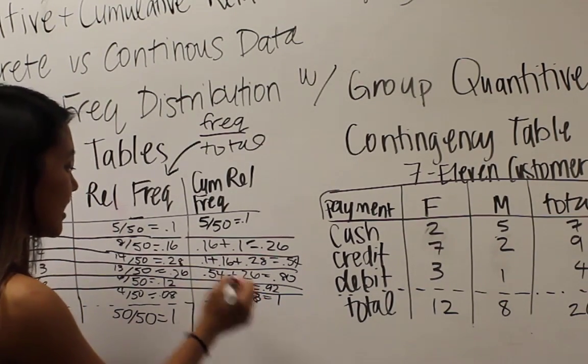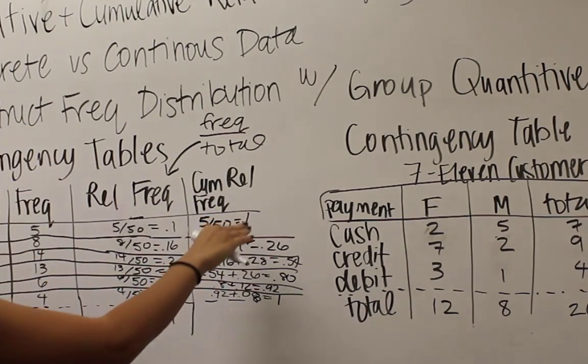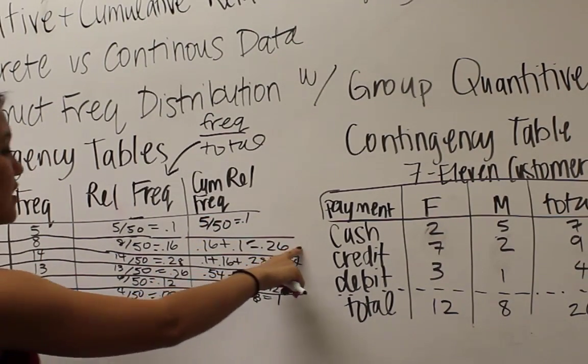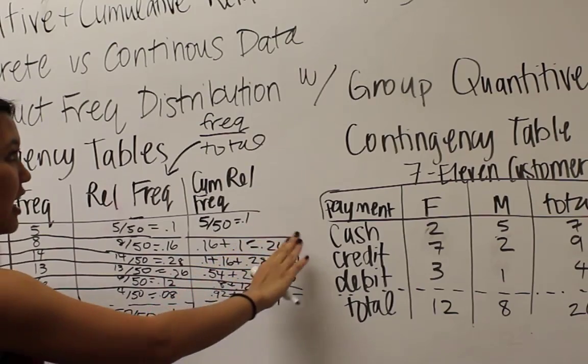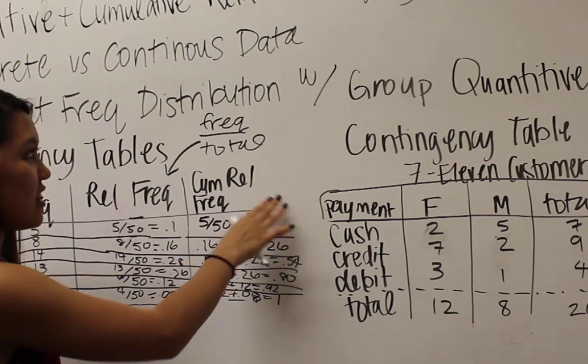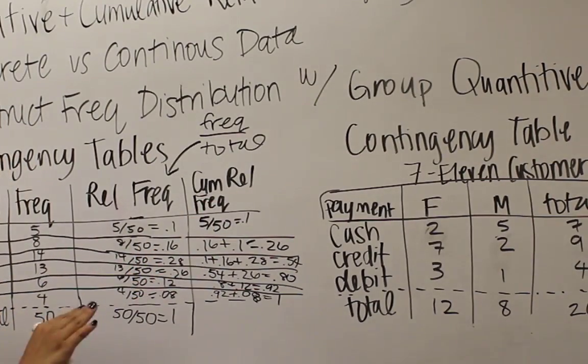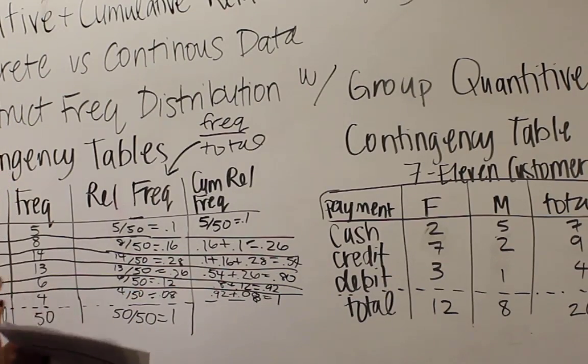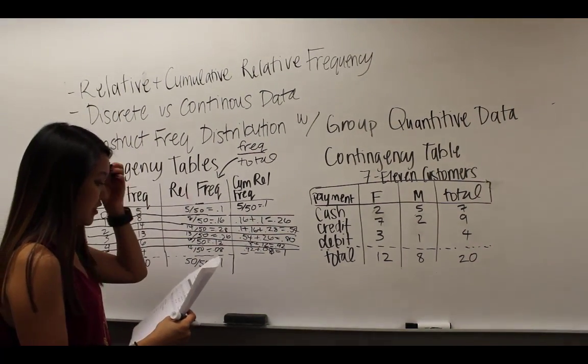A good way to check this is to make sure as you're going down the table that each of these numbers is not less than the one above it. If the number you're getting is less than the one above it, then that's not making sense, because it's an accumulation, so it has to increase. So that is how you find your cumulative relative frequency.